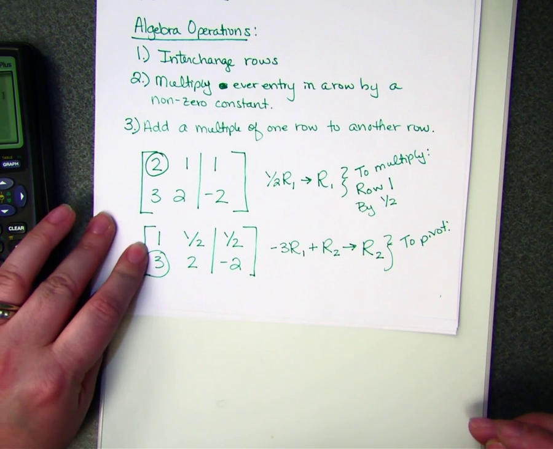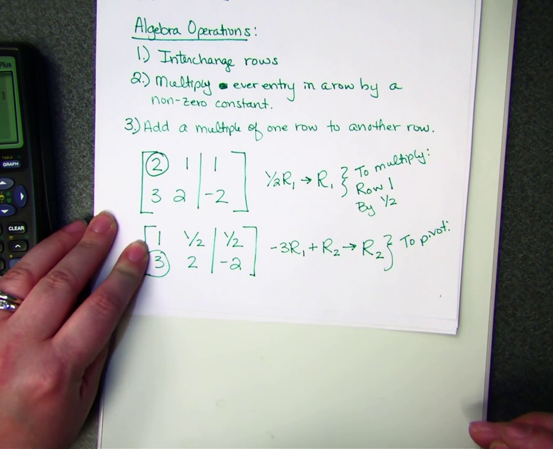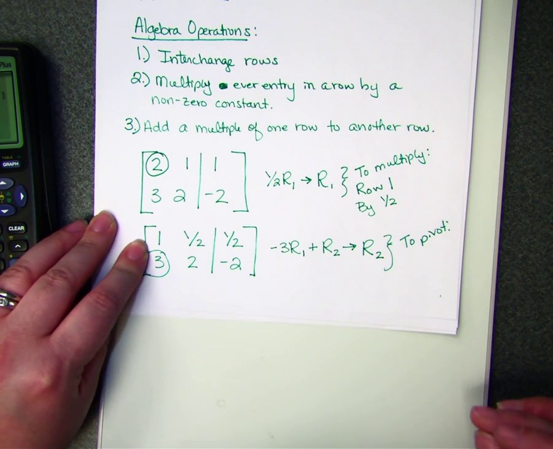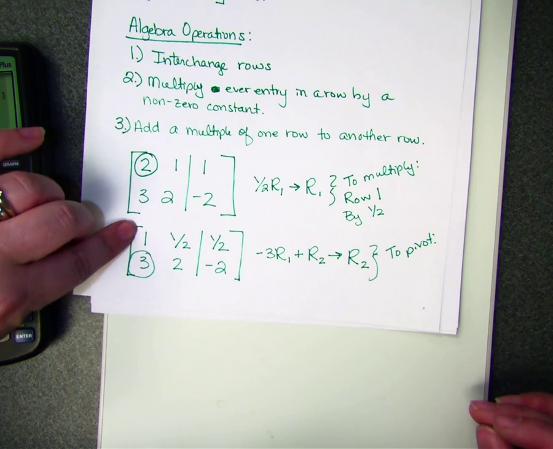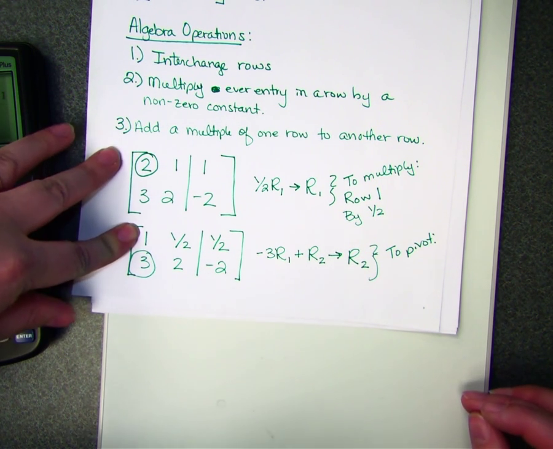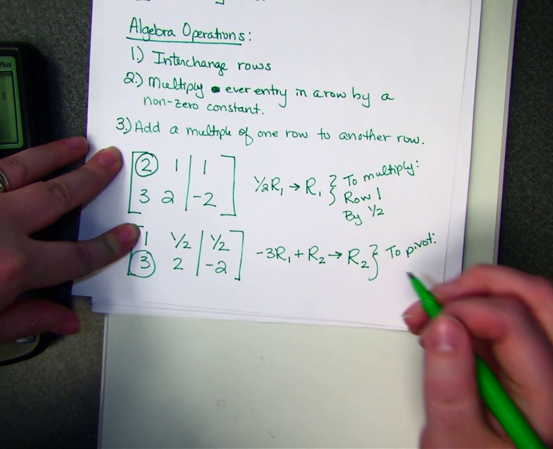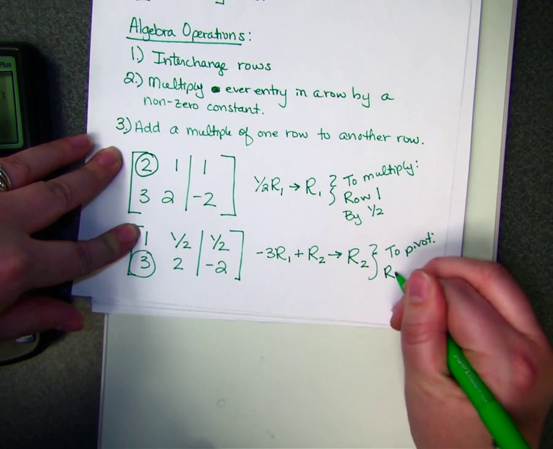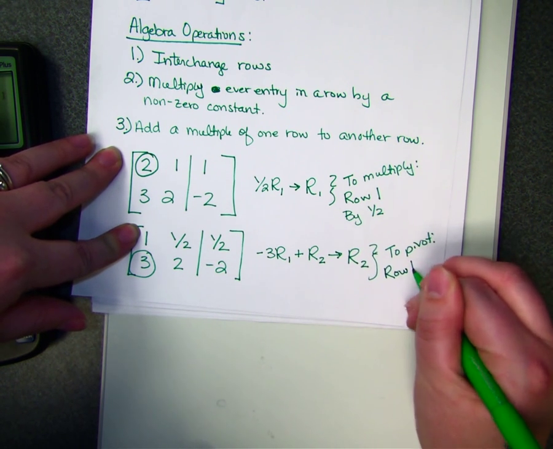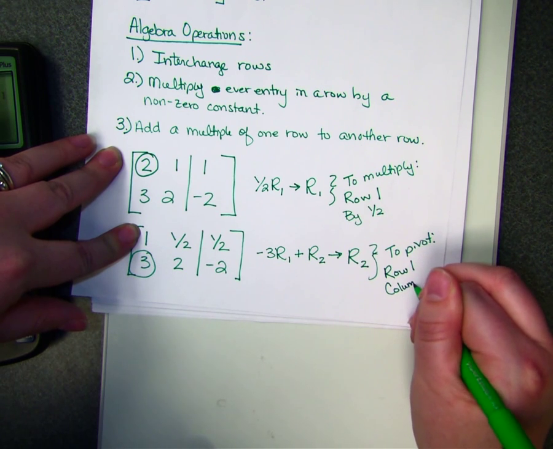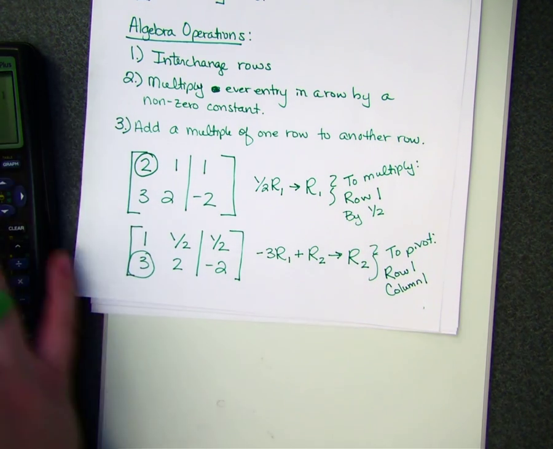So in this column, what entry did we want to leave as a 1? This one that's up here in the upper left corner, which happens to be in row 1, column 1.